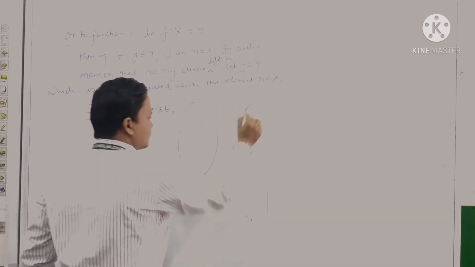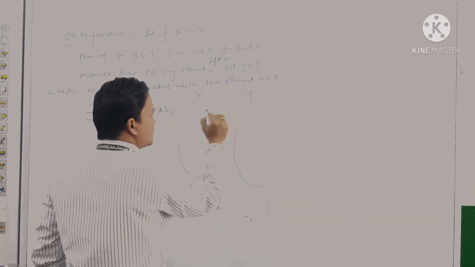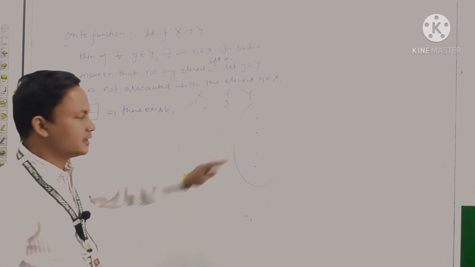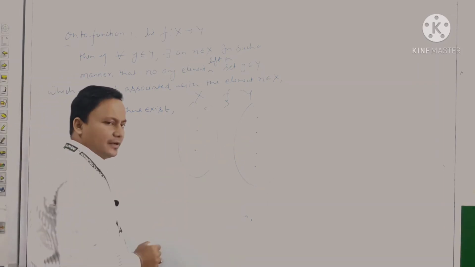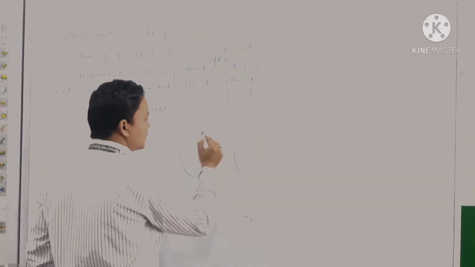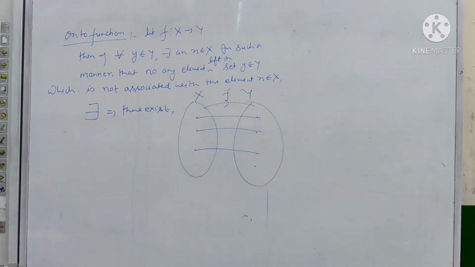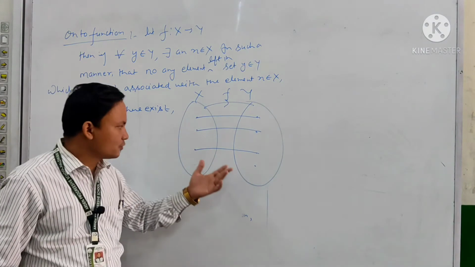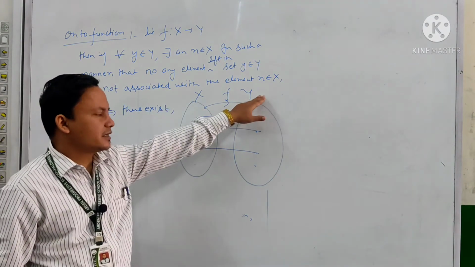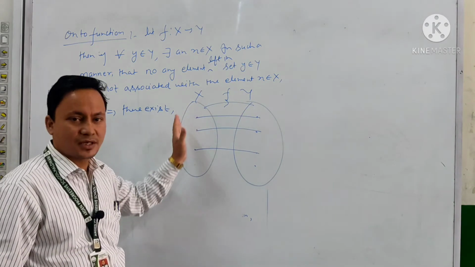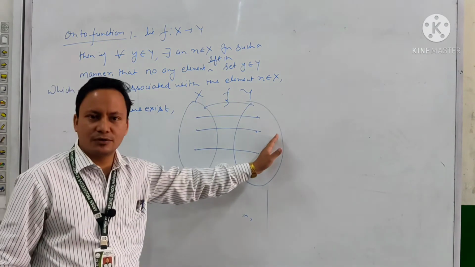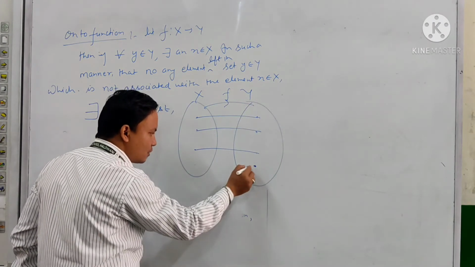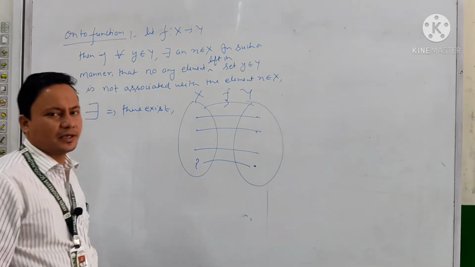Pictorial diagram, we can easily define it by a pictorial diagram. Suppose there are 4 elements in set y and there are 3 elements in set x. Now you can check here the association. This is the pictorial diagram for onto function. This is the set x, this is the set y. There will be a function which is associating the elements of set x to the elements of set y. Now you can see there is one element in set y which is not related with any element of set x.